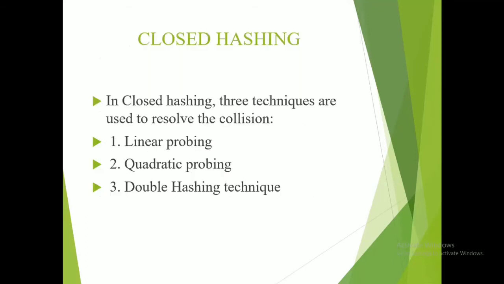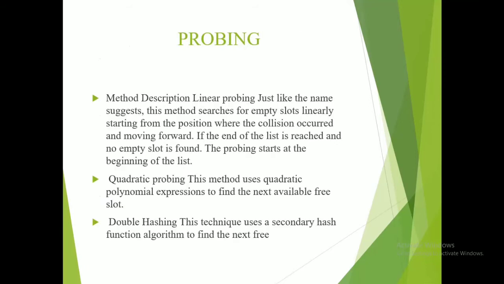Close hashing. In close hashing, there are three techniques used to resolve the collision: first linear probing, then quadratic probing, and double hashing. Linear probing, just like the name suggests, searches for an empty slot linearly starting from the position where the collision occurred and moving forward.